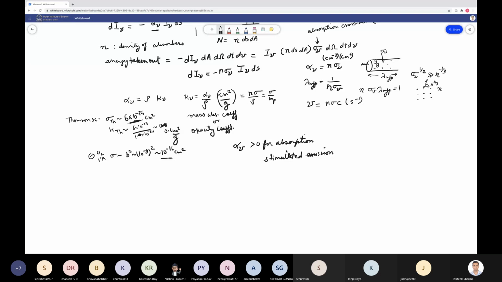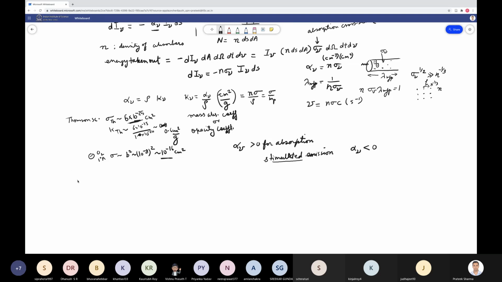One is spontaneous emission, the other is stimulated emission, and the intensity of stimulated emission is proportional to the intensity of the light itself. So that's why this is actually similar to absorption. So for stimulated emission, alpha nu is less than 0. So along the beam, your intensity can actually increase because of stimulated emission. I will come back to this later, but I just wanted to mention it here.